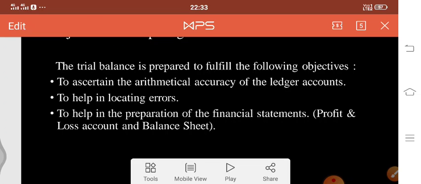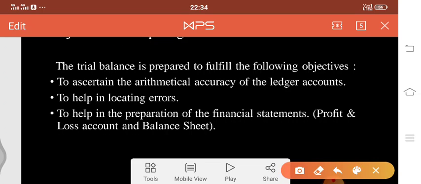The third point is to help in preparation of the financial statement. Now, what is this financial statement all about? Every organization is started with the motive of earning profit.